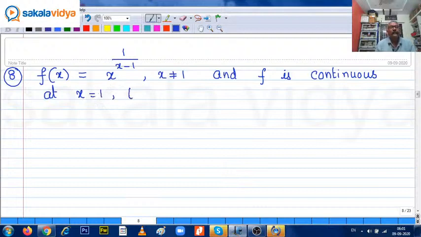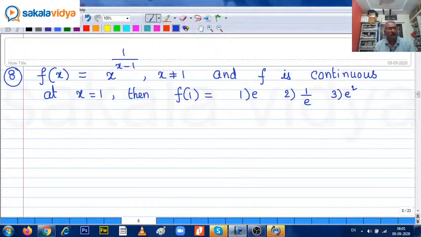Then f of 1 equals, first option e, second option 1 upon e, third option e square, fourth option 1 upon e square.